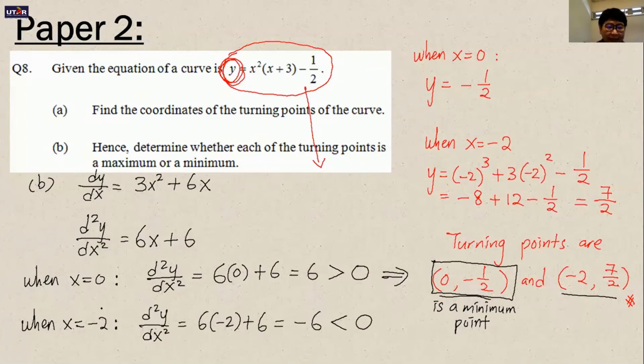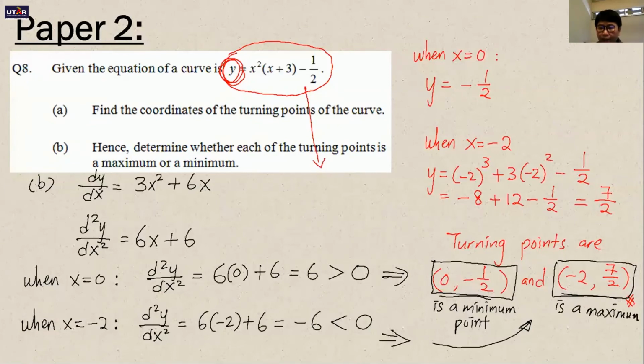So at the second turning point, the second derivative value is negative. So the conclusion will be that the second turning point is a maximum point, according to the second derivative test. Okay, so this is the result for part B.